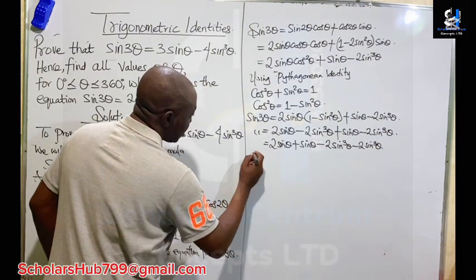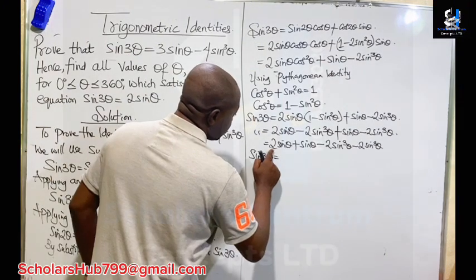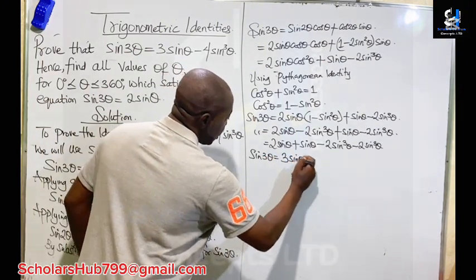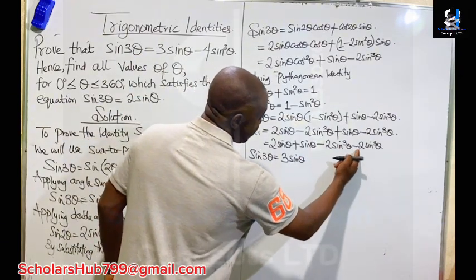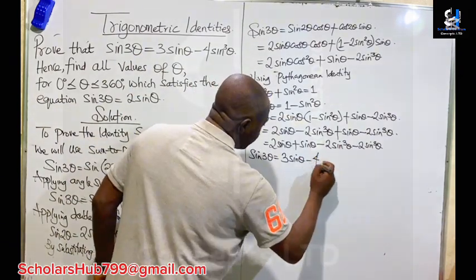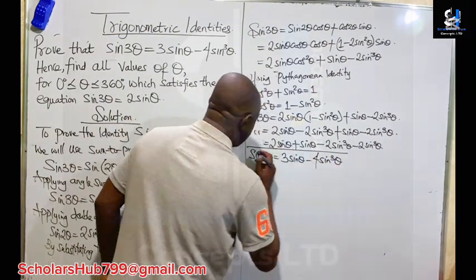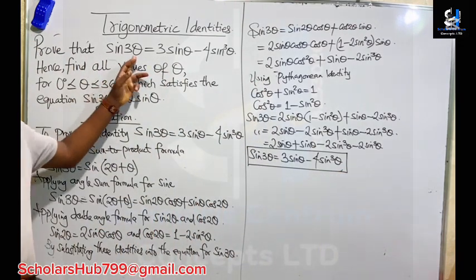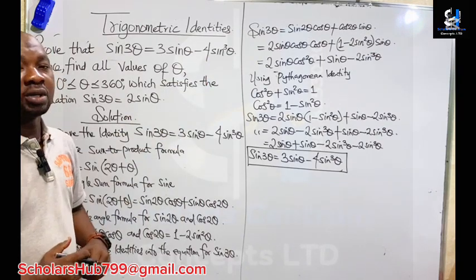So we can then say that sine 3 theta will be equal to, now 2 sine theta plus sine theta, that will be 3 sine theta. Then negative 2 sine cube theta minus 2 sine cube theta, that will be minus 4 sine cube theta. So we just proved that sine 3 theta is equal to 3 sine theta minus 4 sine cube theta.